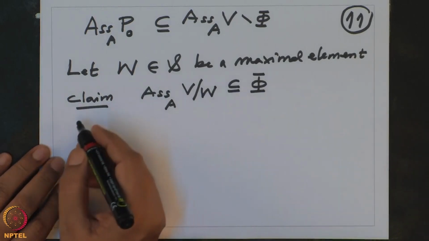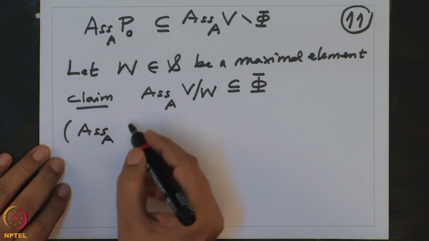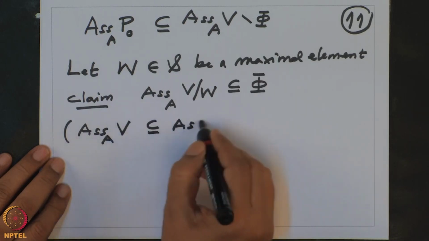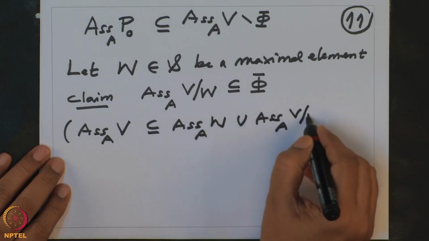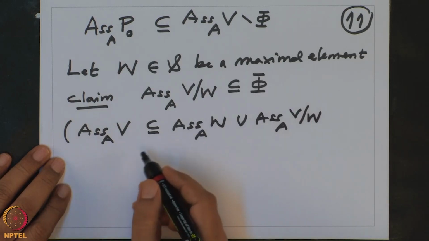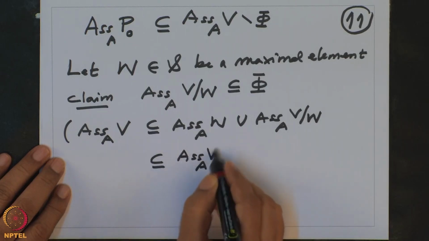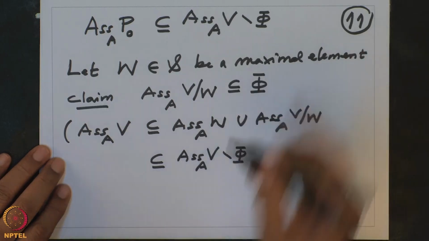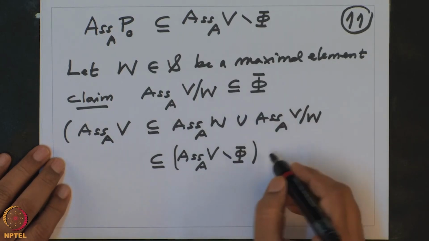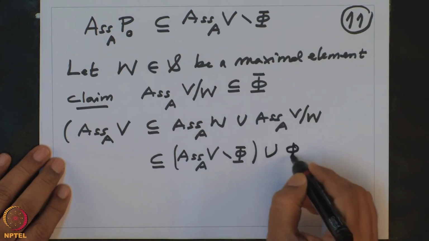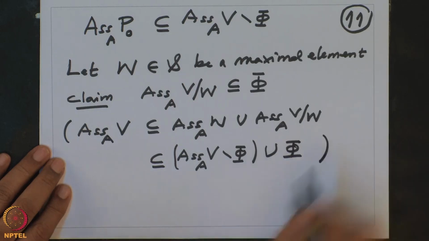Once I check this, then the associated primes of V, which is contained in the associated primes of W union the associated primes of V by W, will be contained in the associated primes of V minus phi, that is how we have chosen that maximal element, union phi, and so this will prove the theorem.